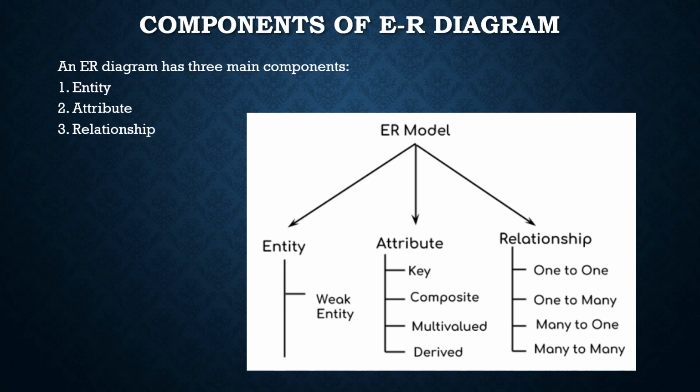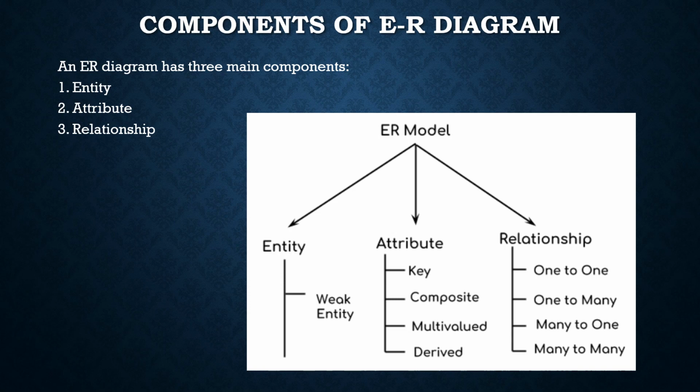It's one of the components. Here, relationship: one to one, one to many, many to one and many to many. According to the approach of one entity to another, or one entity to the relationship set, there are four types of relationship: one to one, one to many, many to one and many to many. But it is not there in your syllabus.